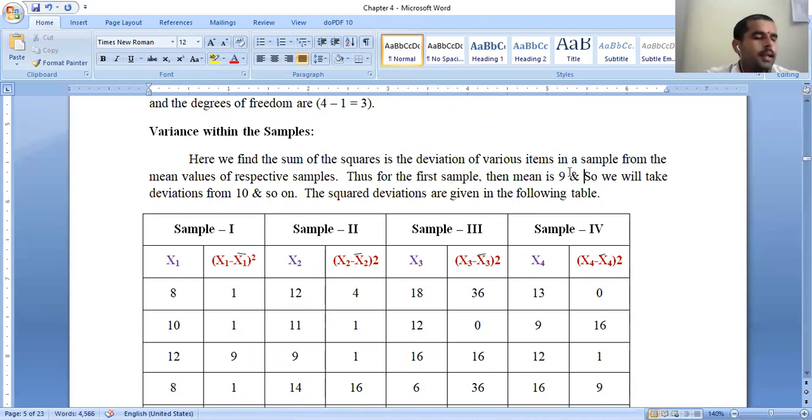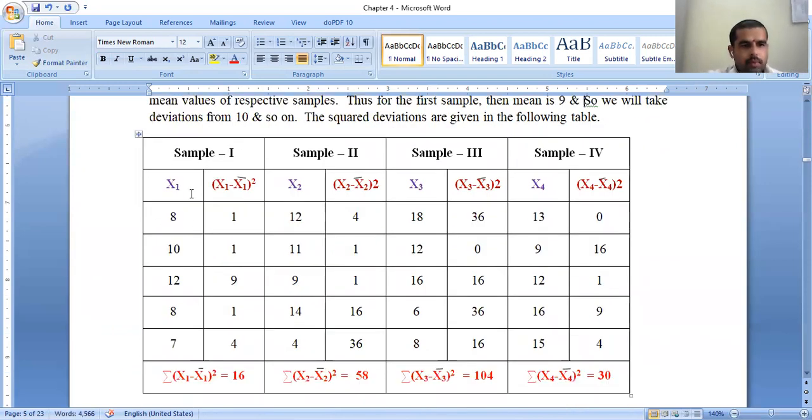In sample 1, we write the same question data, that is x1 values 8, 10, 12, 8, then 7. Again sample 2, observe carefully, x2 values are 12, 11, 9, 14, 4. These x1, x2, x3, x4 values are copied from the question paper.